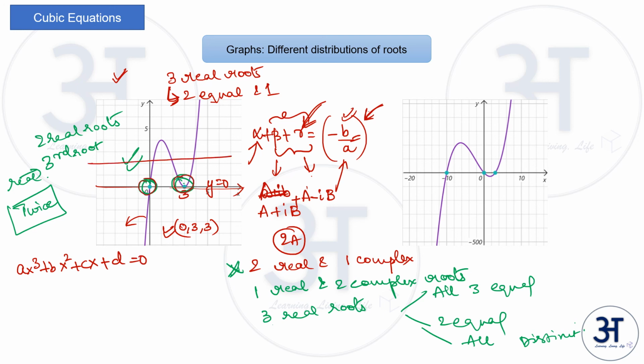Say if it is of the form y is equal to 1, then ax cube plus bx square plus cx plus d is equal to 1. For this equation, the roots would be 3 points, right? You can clearly see that it is intersecting at 3.